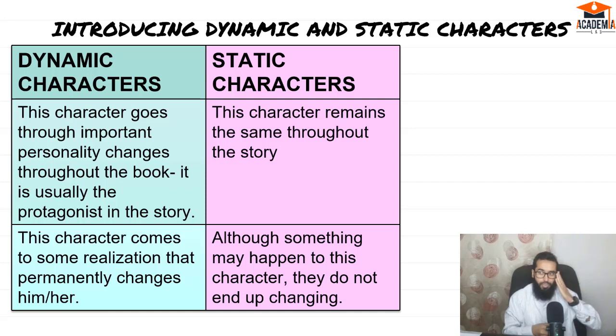They realize, for example, that the world is going to end and they need to save it. They realize that their friends need them and they need to be there for them. So there is this realization that happens in the middle of the short story or the novel that triggers something within them, and they change. All right, so these are the dynamic characters.